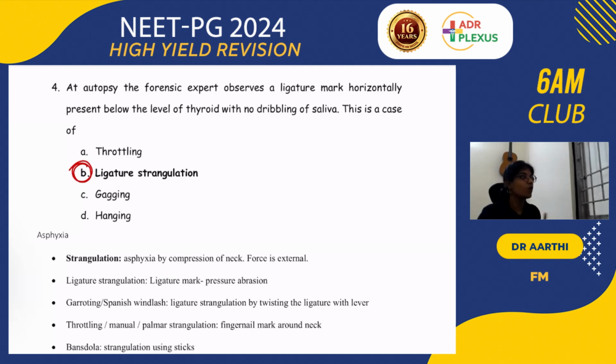Now, in ligature strangulation, if the ligature material from the back is slowly twisted, it's called garroting or Spanish windlass. If someone uses a rod to compress like this, that's called Bandola. Then you have mugging, and in mugging you have two types.